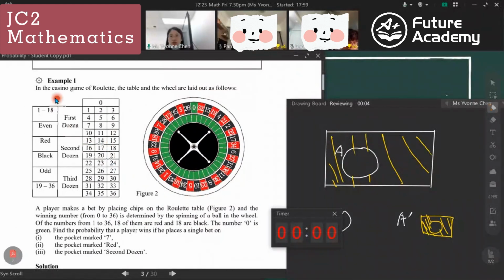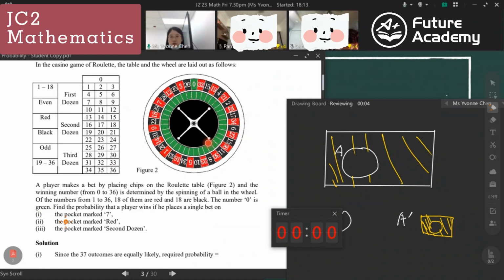In the casino game of roulette, the table and the wheel are laid out as we can see here. Find the probability that the player wins if the player places a single bet marked as 7. How do we do this? We need to find the total number of possible outcomes.